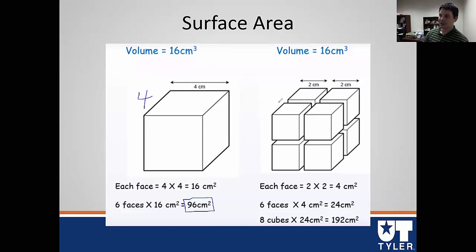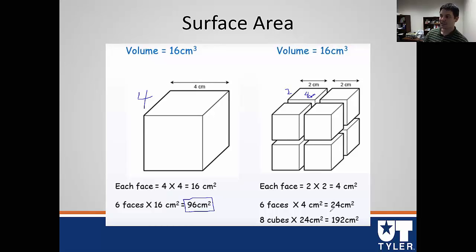However, our alveoli, as you remember, aren't set up as one big unit. In fact, they're these tiny little squares that make up a large square, right? And if we think about this, as opposed to having 4 centimeters here, each side of the small cube is 2 centimeters, right? So the area of one face of this square is 4 centimeters squared.